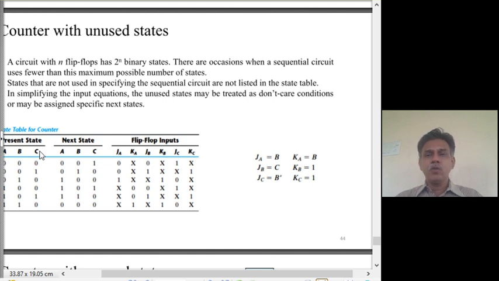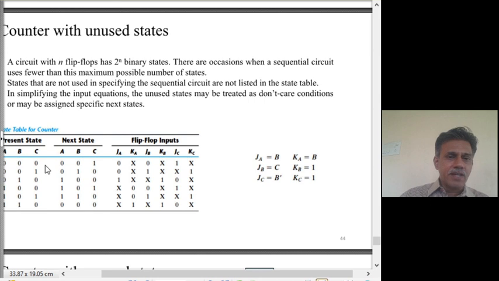For example, the ABC inputs may be the output of some other circuit, which may be an adder or a mux or some other complicated circuit. Its output may be such that not all 8 possible combinations of ABC occur, and therefore certain input combinations do not occur, and those states are don't care states.